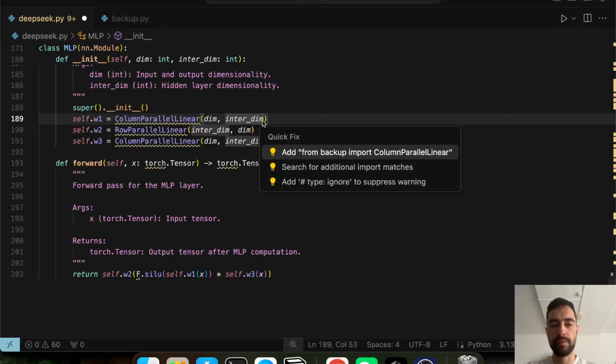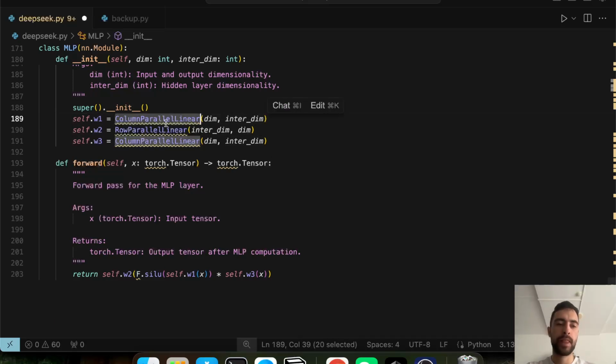I explained earlier, but maybe I can quickly repeat. Column parallel: each GPU will receive a full copy of the input, and it will just generate one part of the output. In the end, those parts that each GPU generates add up to make the whole output. So each GPU here will have its part of the conversion projection matrix.